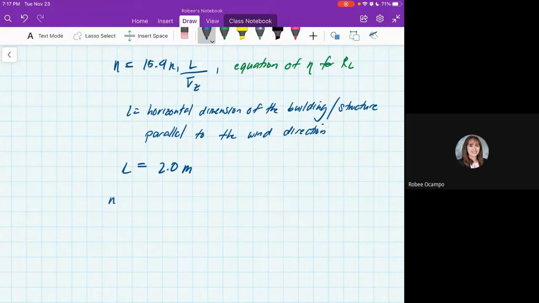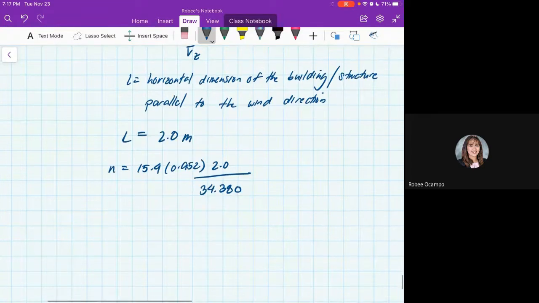Now for our nu, that's 15.4 times N1, which is 0.952 times 2 meters over 34.380. Okay?